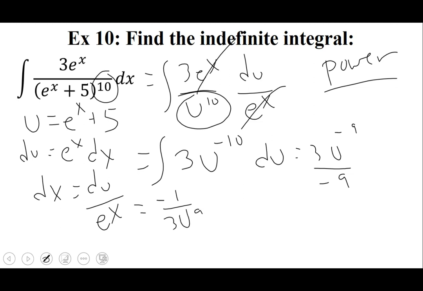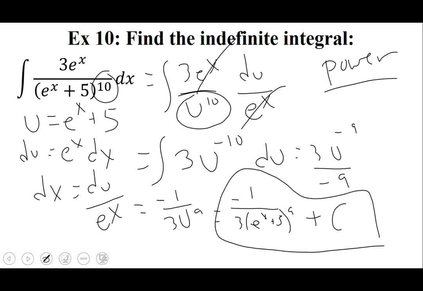I'm going to move the u to the bottom and turn it back positive. So my final answer, negative 1 on top, 3 on the bottom. Replace the u with e to the x plus 5 to the 9th, and then don't forget about the plus c.